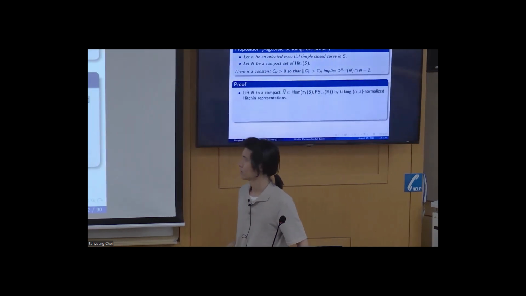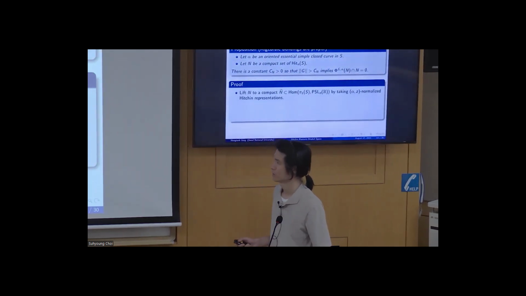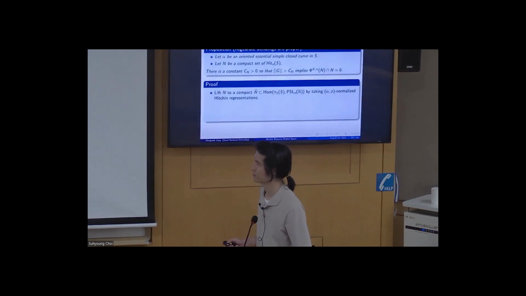So the proof goes as follows. We first take the lift of our space n to the space of representations by taking the alpha-Z normalized Hitchin representation. This is uniquely defined, so this is a well-defined lift.